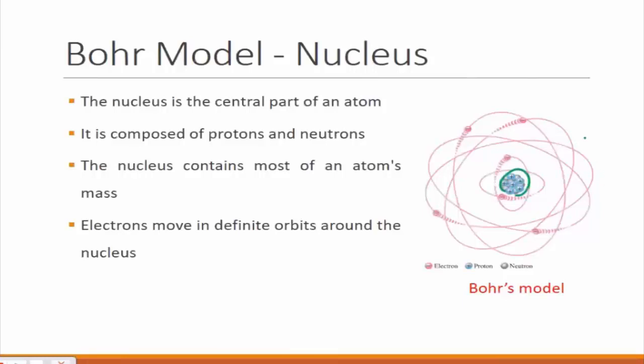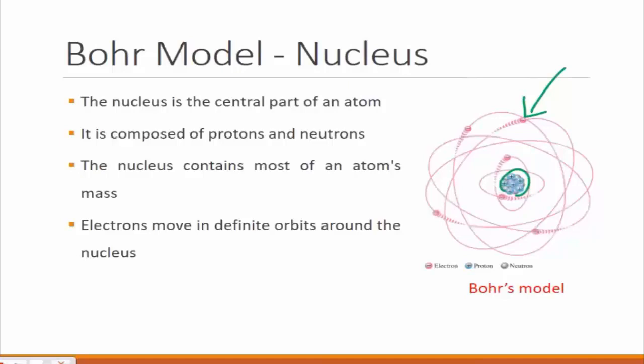But electrons are a very important part of an atom in their behavior, and they revolve around the nucleus in definite orbits, meaning that you can see there are 2 electrons that are close to the nucleus, and there are some of them that are a little bit farther away from the nucleus.